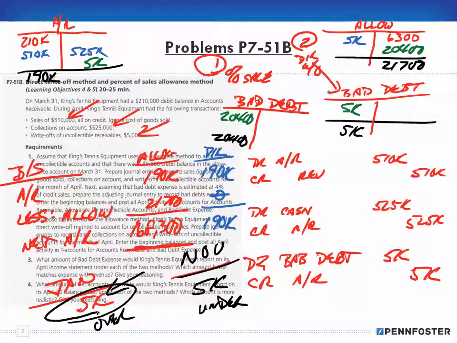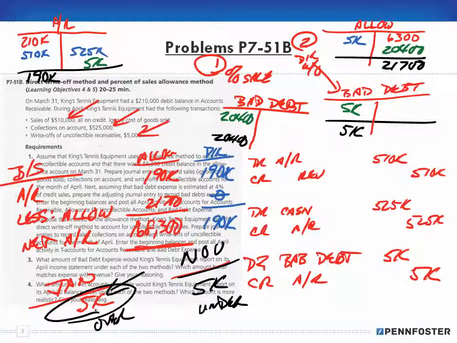So in the period that the accounts receivable occurs, if you're using the direct write-off method and that one account is bad, you don't know it. So that messes up the accuracy of your accounts receivable.